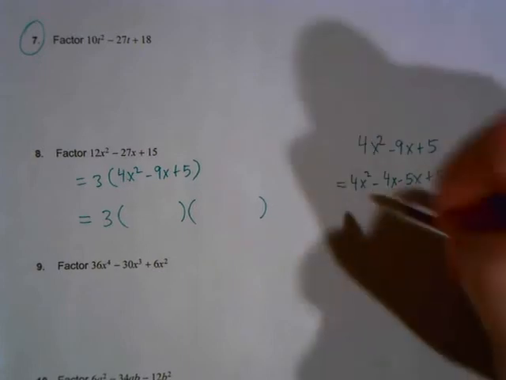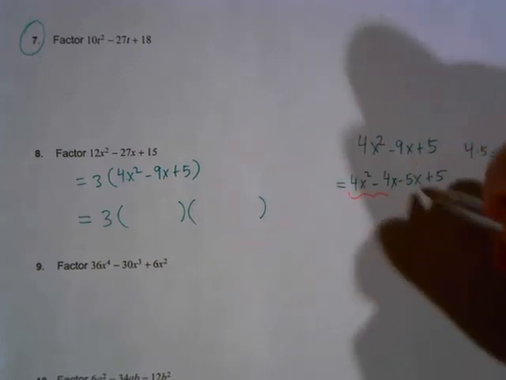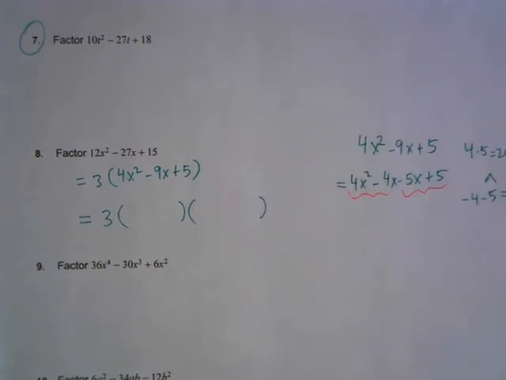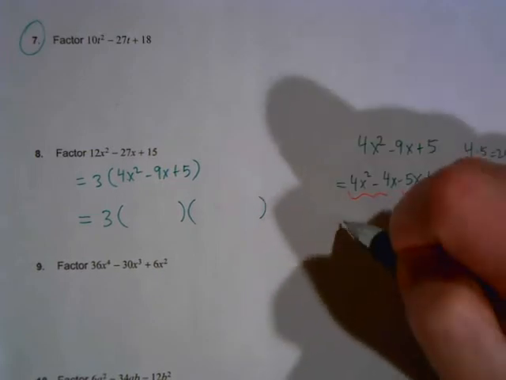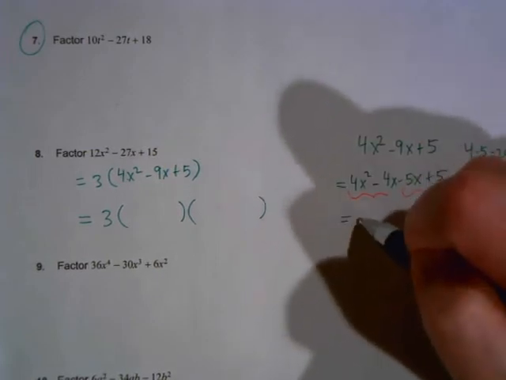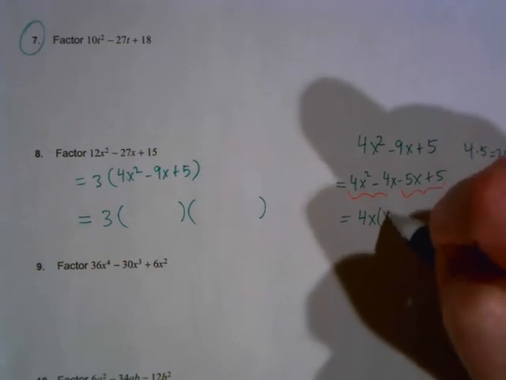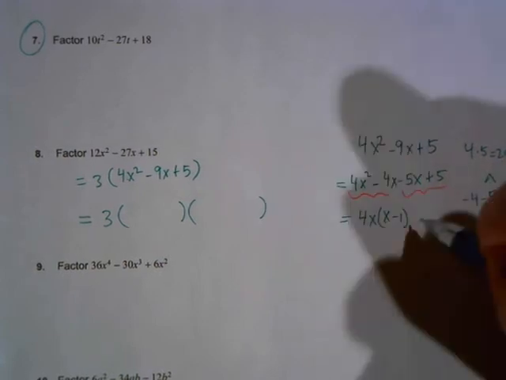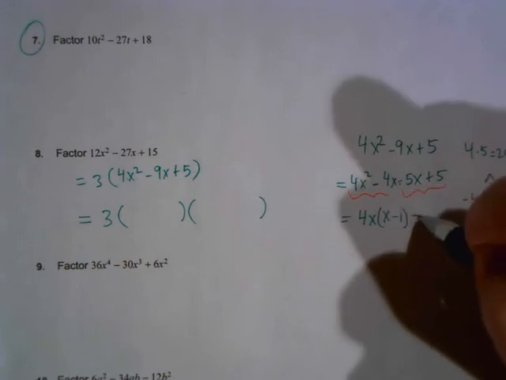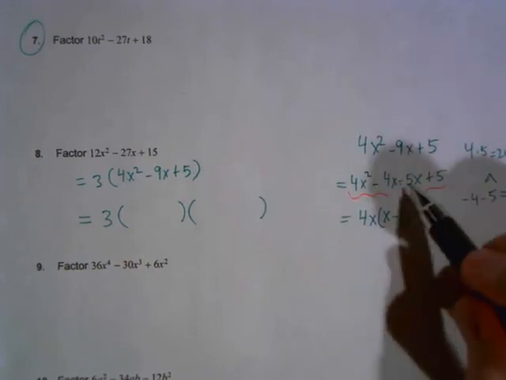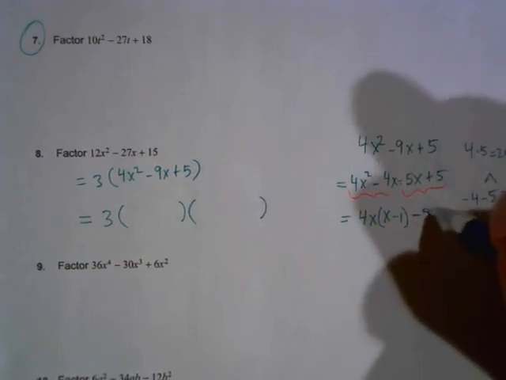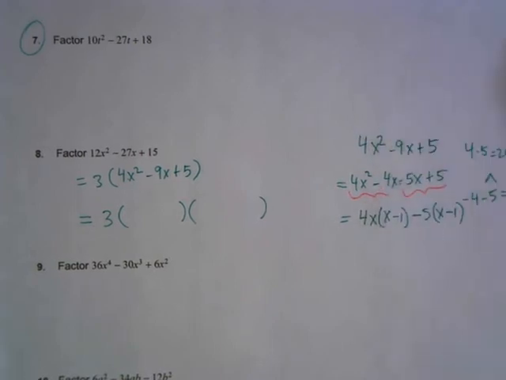And it's kind of the same deal over and over again. 4 terms, group them in pairs. First pair has a 4x in common. Left over is x minus 1. We have a minus here, so we're going to put a minus here. Common factor is a 5. X minus 1. Same deal.